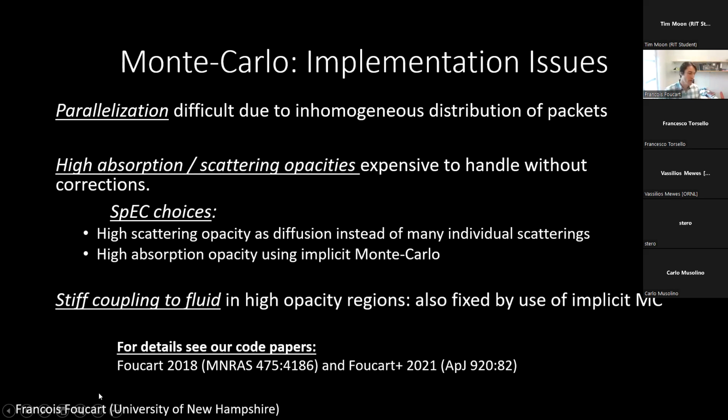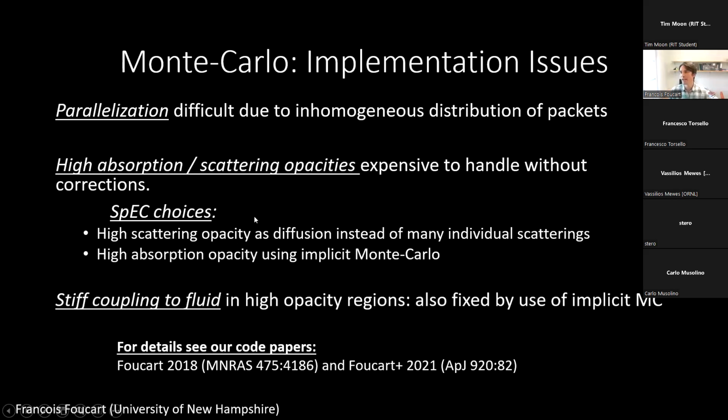The more fundamental problem in the evolution of Monte Carlo equations is, again, the treatment of these high-density, high-temperature regions where the fluid and neutrinos are strongly coupled. This is always the main problem in these simulations.